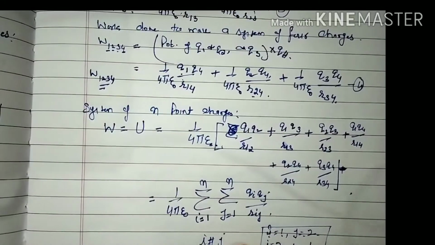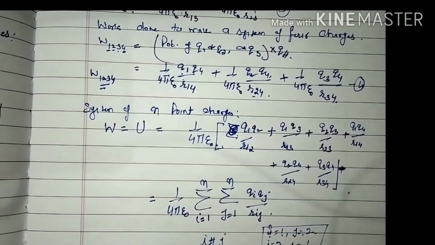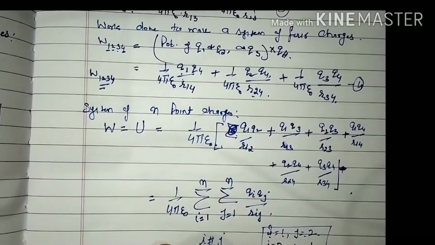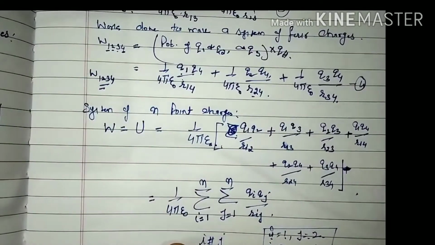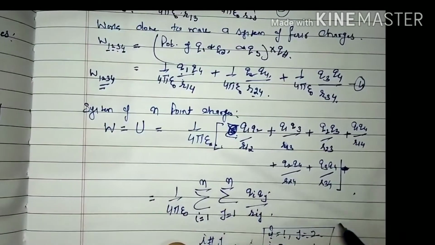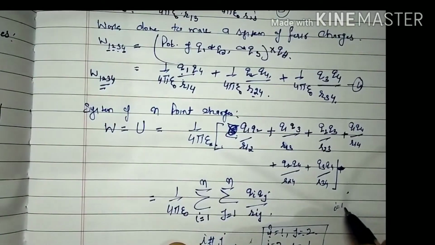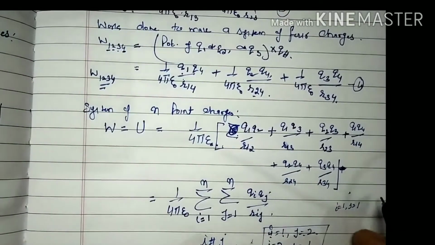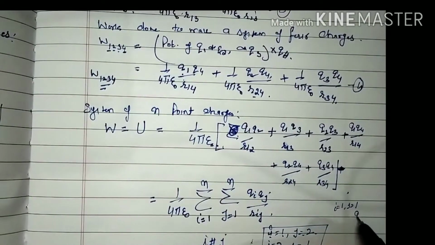If we go with this example, I mean i not equal to j, because if we take i equal to j, suppose we are taking i equal to 1 and j equal to 1, then we have Q1 and R11.